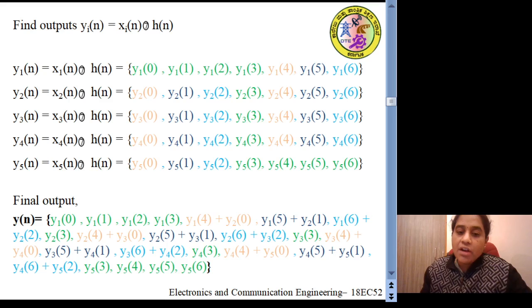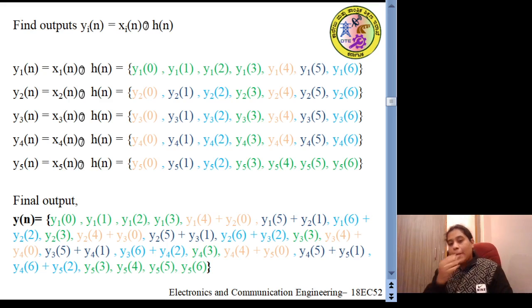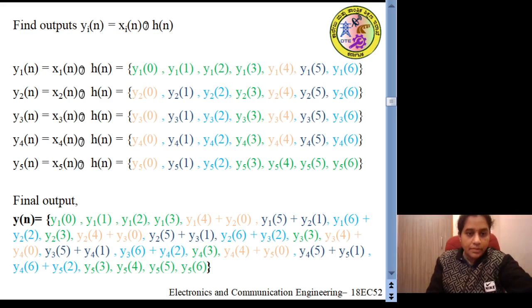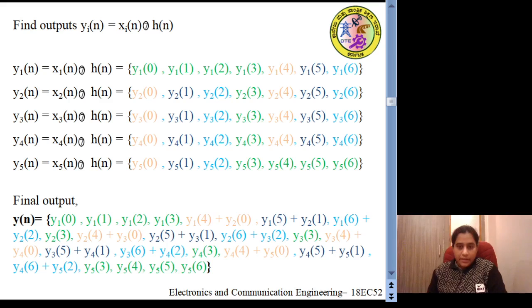Similarly, y3 of n can be obtained by the 7-point circular convolution of x3 of n and h of n. So we obtain y3 of 0, y3 of 1, y3 of 2, y3 of 3, y3 of 4, y3 of 5 and y3 of 6.